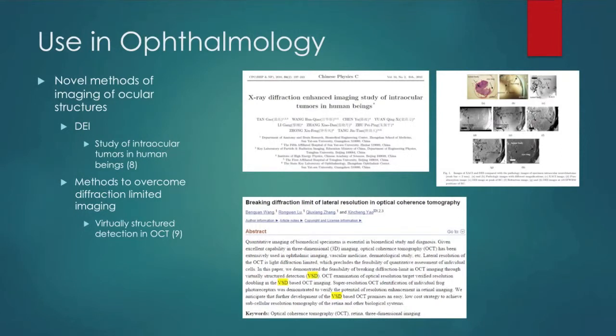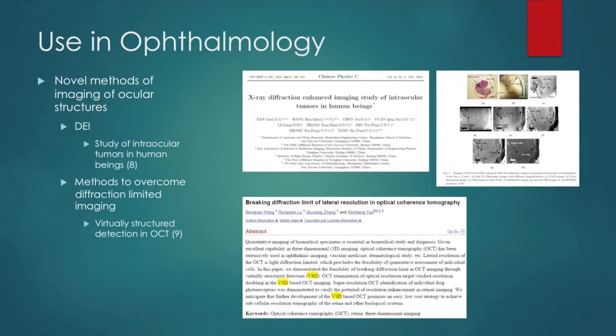And as I have described previously, diffraction enhanced imaging is also used in ophthalmology, because the eyeball itself is soft tissue and quite difficult to image by conventional X-rays or even CT.